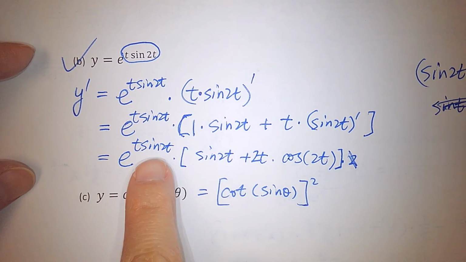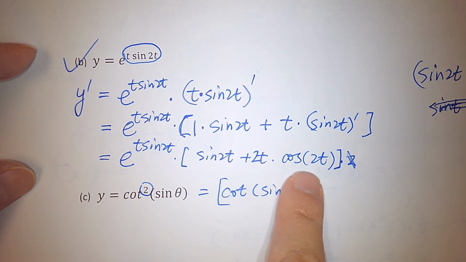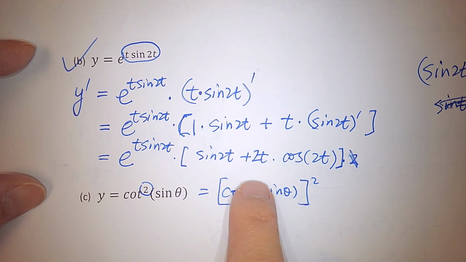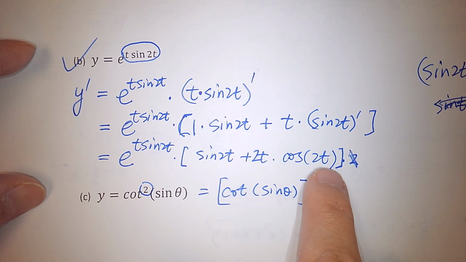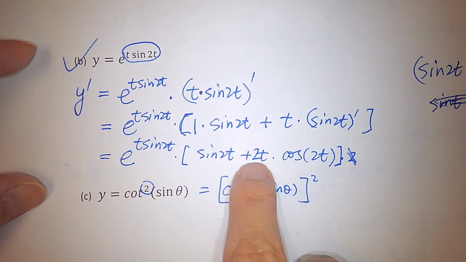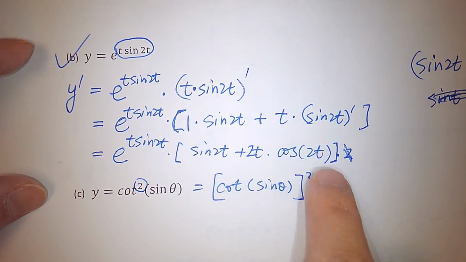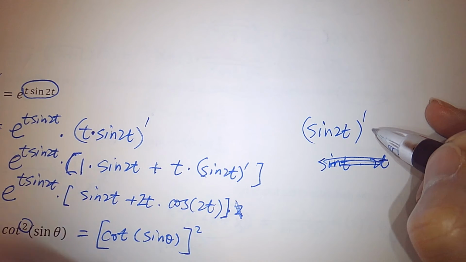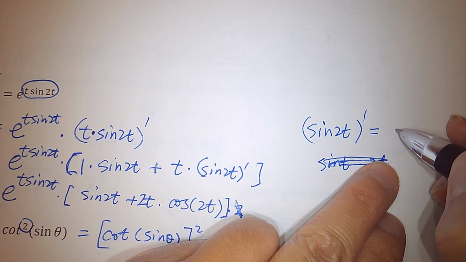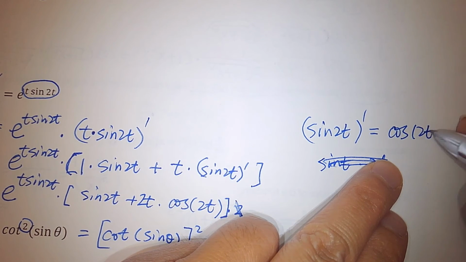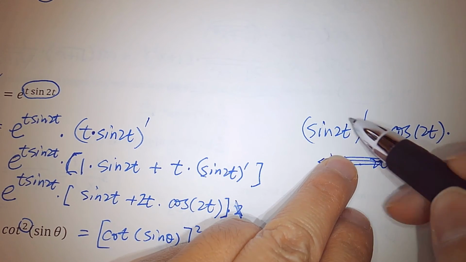So I would say we're done here. No more simplification. What do you do with that 2? You just cross it off? No. Where the t is, you squeeze it in with the t. So sin of 2t by the chain rule is going to be cosine of 2t times what? 2t's derivative, right?